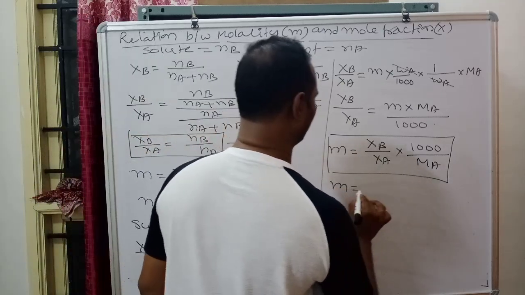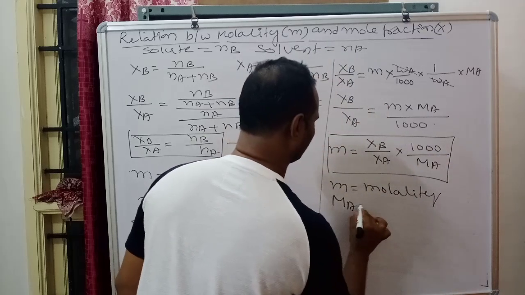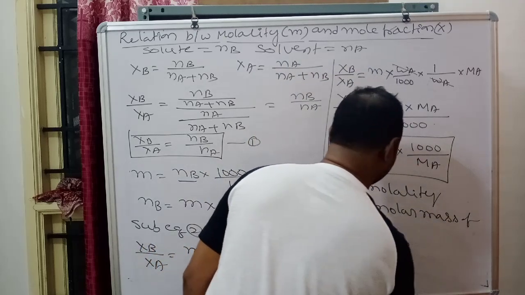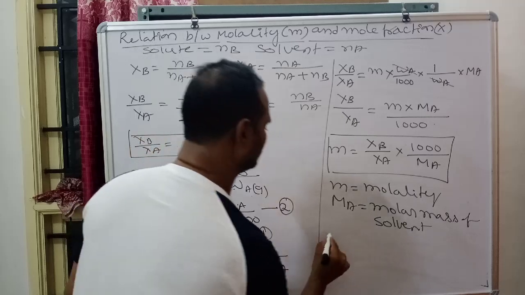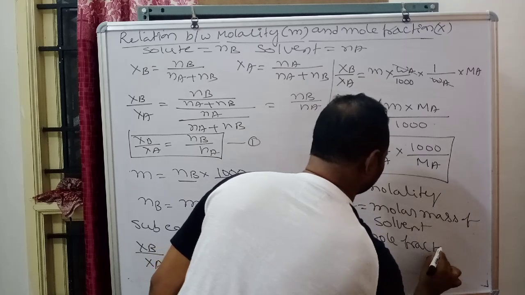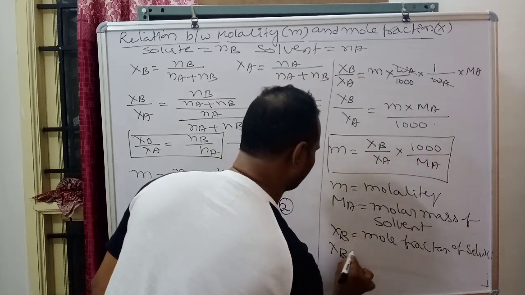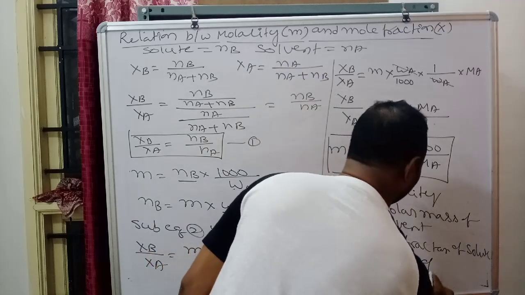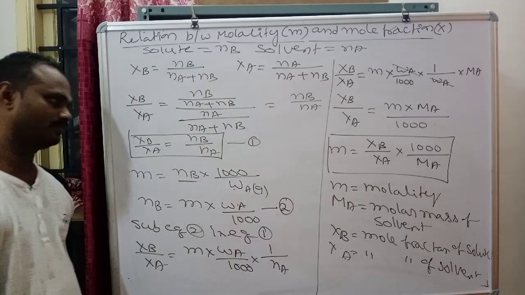Here m is molality, MA is the molar mass of solvent, XB is the mole fraction of solute, XA is the mole fraction of solvent.